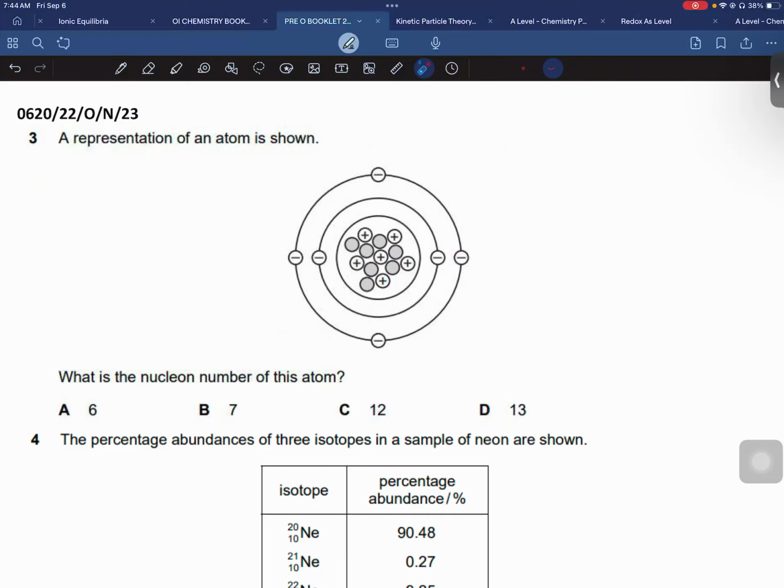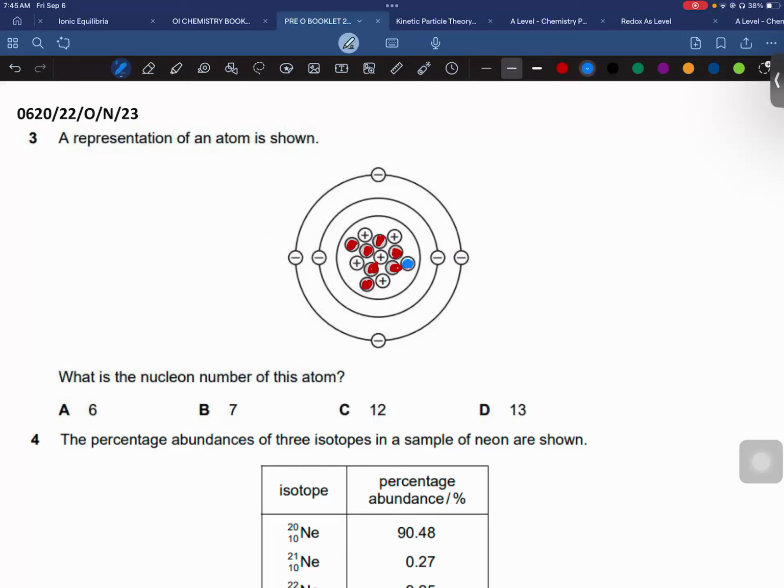So it will be 1, 2, 3, 4, 5, 6, 7... Wait, 11. No. This is 1, 2, 3, 4, 5, 6, 7.